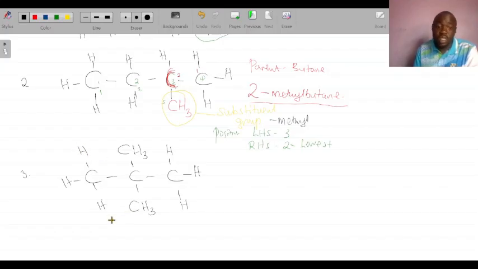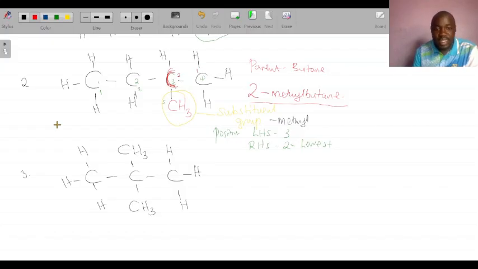Again, we want to establish, are there 5 carbon atoms in total? So we can see there are 3, 4, 5. In terms of hydrogen atoms, again, we have 3, we have 9, we have 12. So it satisfies the condition of having the same molecular formula. So we want to go ahead and name this compound.